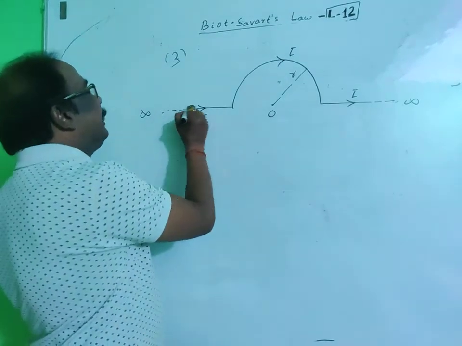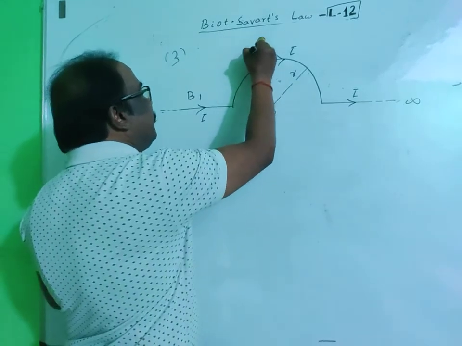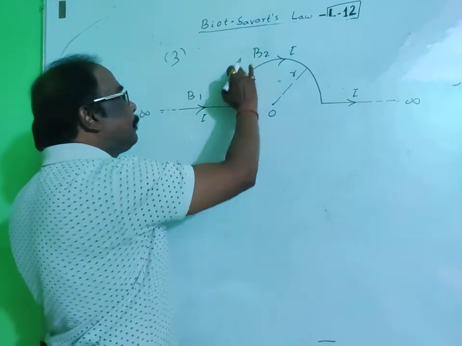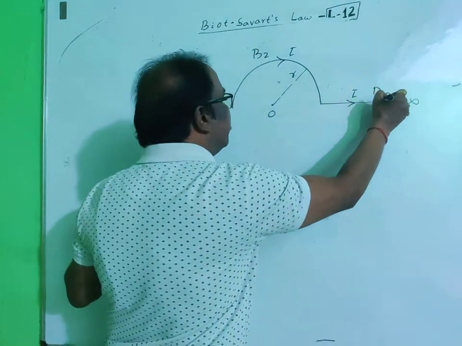So let the magnetic field due to this straight conductor be B1. Magnetic field due to this semicircular part is B2. Magnetic field due to this other straight conductor is B3.